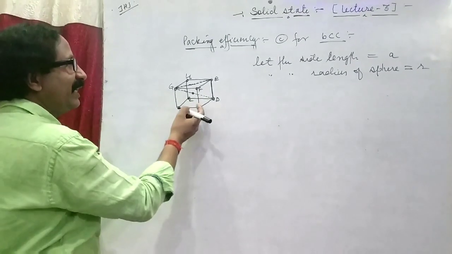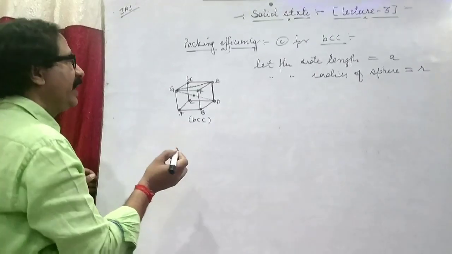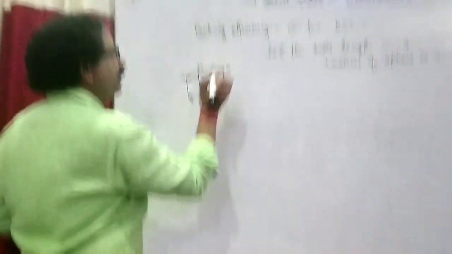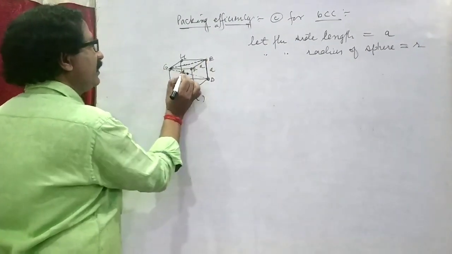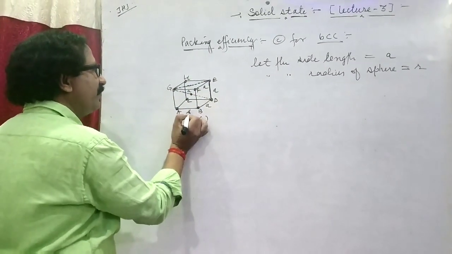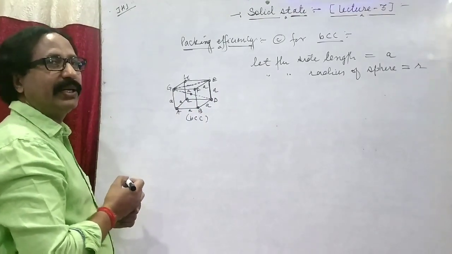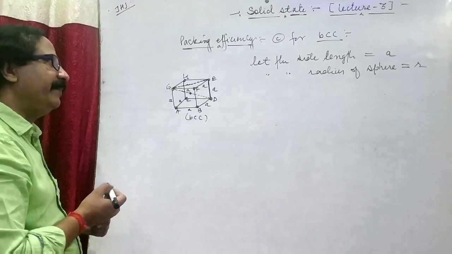See, this is the structure of BCC. This is A, this is A, because these are the sides of the cubical unit cell.